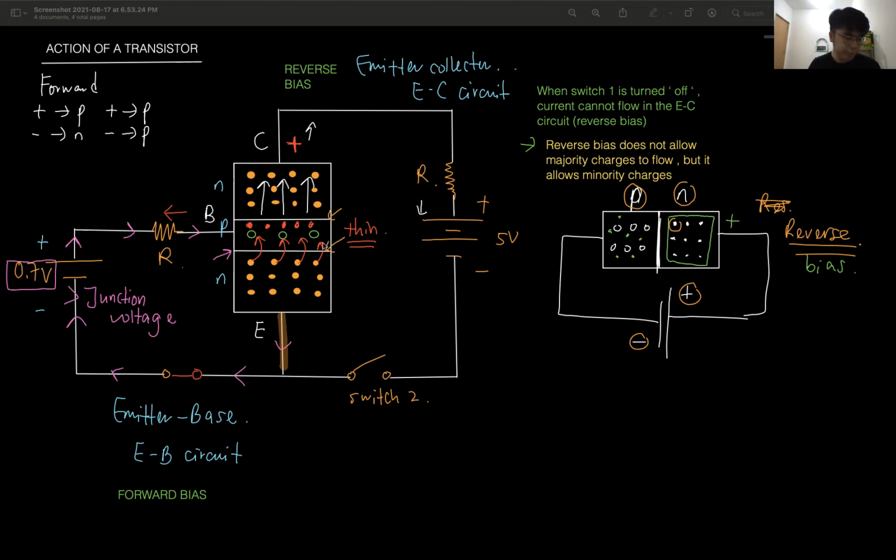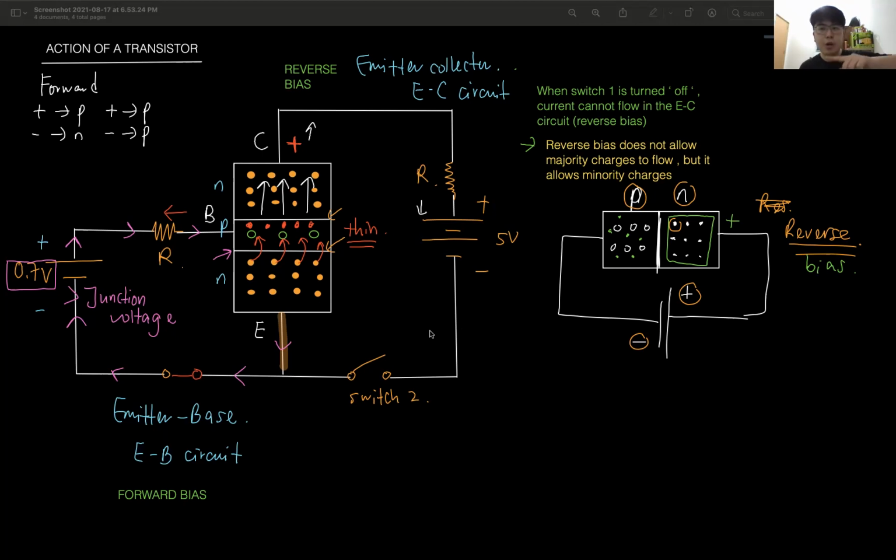So what is the bottom line? The bottom line is when I switch on my base circuit, only then can the electron cross here in the collector circuit.